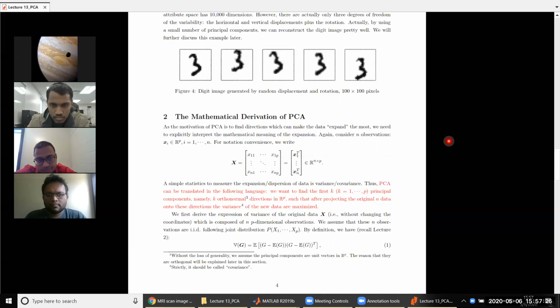Variance measures the dispersion of the data. So we can explain it this way. PCA translates to this: we want to find the first K principal components, namely K orthonormal directions in R^p. Be careful, R^p, the feature space, not R^n, okay? Such that after projecting the original n data points onto these directions, the variance of the new data is maximized.